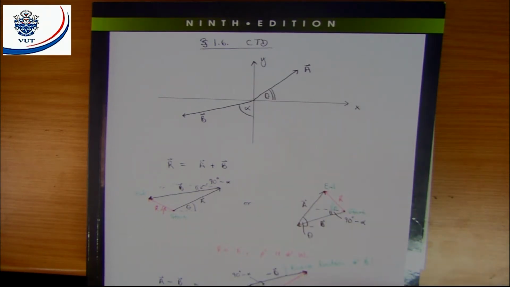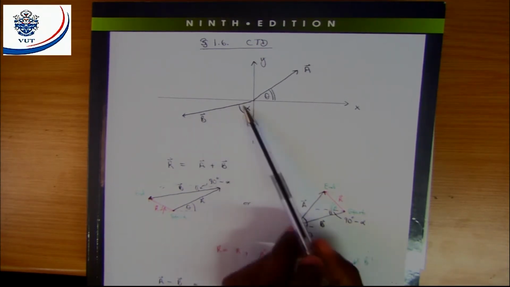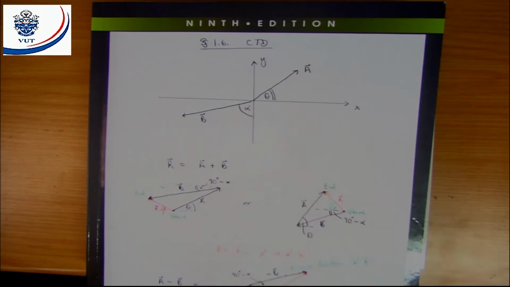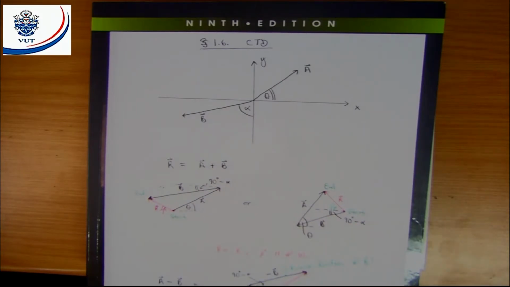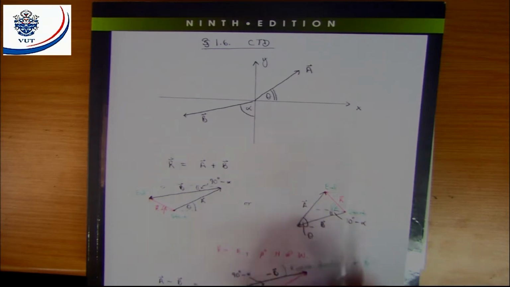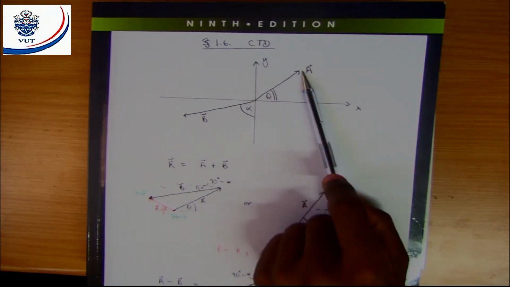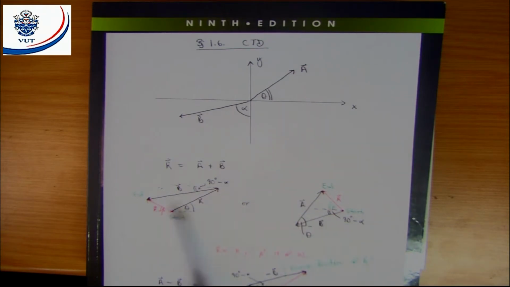And then if we now have another vector B, which forms an angle alpha with respect to the y-axis, what is the resultant of these two vectors? We have two ways of finding the resultant, and we get the same answer. Either we start off and we draw vector A, or we start off and draw vector B. So I've drawn both cases over here.